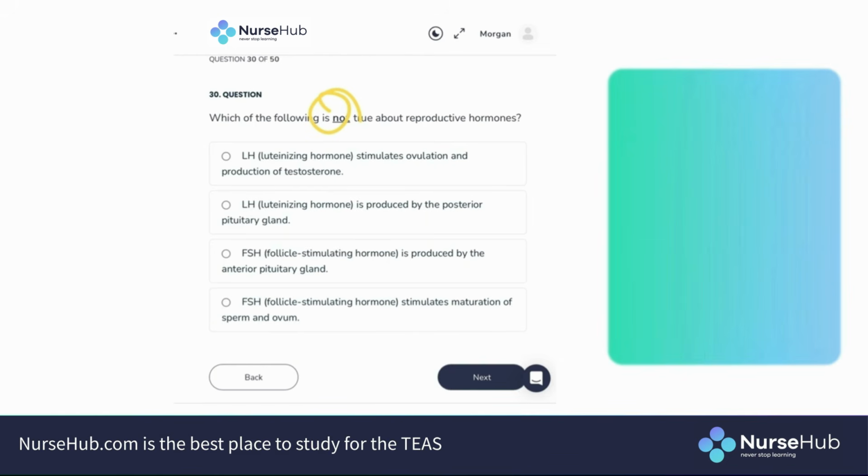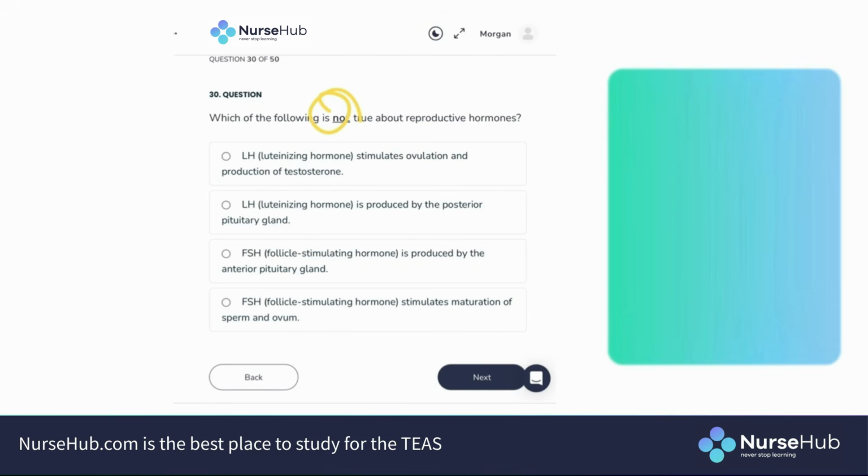So looking at the answer choices, it says LH, or the luteinizing hormone, stimulates ovulation and production of testosterone. The next says luteinizing hormone is produced by the posterior pituitary gland. The next says follicle stimulating hormone, or FSH, is produced by the anterior pituitary gland. And the next says FSH stimulates maturation of sperm and ovum. All right.